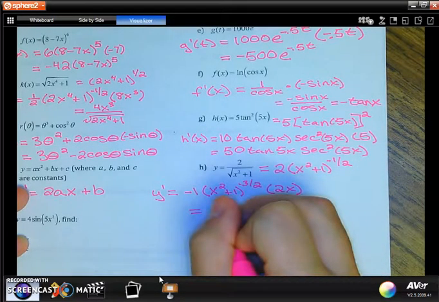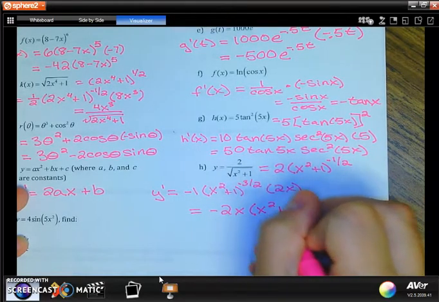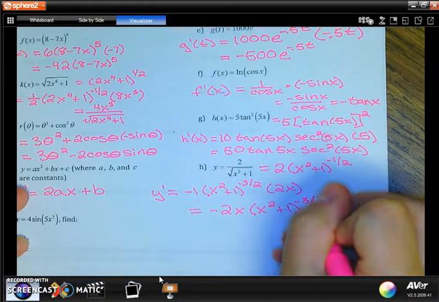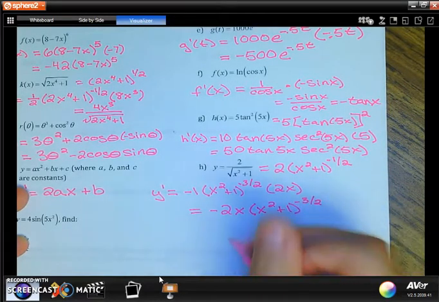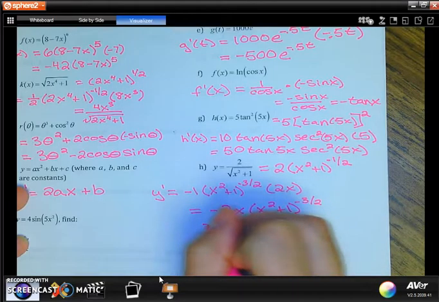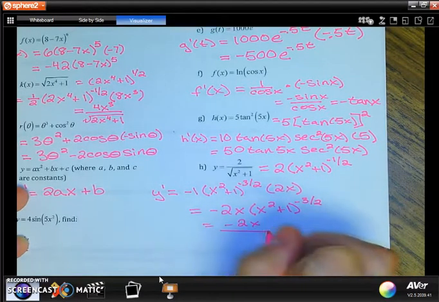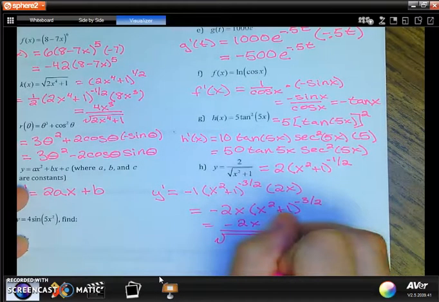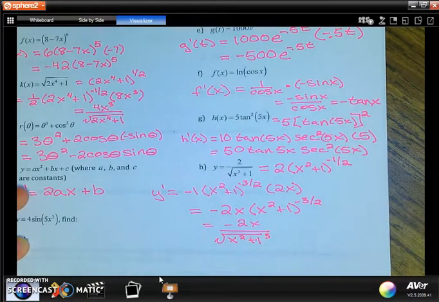And you probably would bring that out front, so it would be negative 2x times this, negative 3/2. And again, if you wanted to rewrite it with this in the denominator, it would be negative 2x over the square root of x squared plus 1, to the 3rd power. Okay.